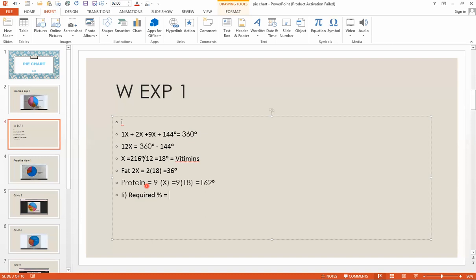So here on the top, I have to write fat. In the bottom, I have to write food component is given. Yes, food product.